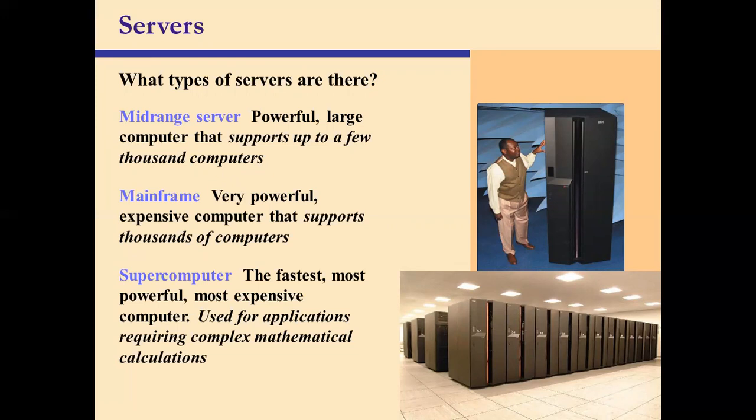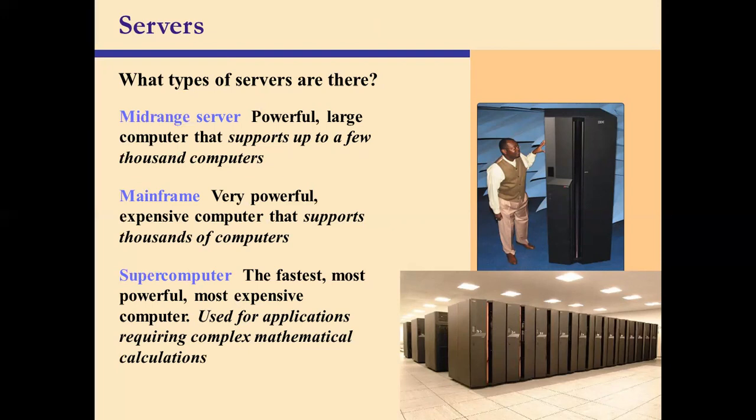Now we can learn about the types of servers. The main three types are mid-range, mainframe, and supercomputer. Basically, these types are categorized on the basis of how much capacity they have to handle computers on a network and how much capacity they have to handle resources.